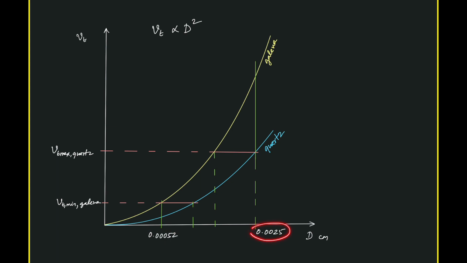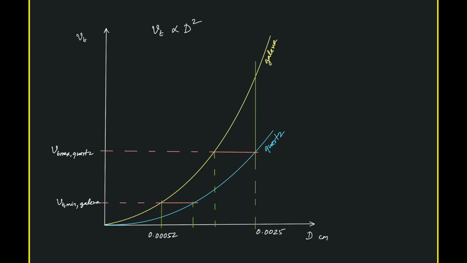We know these sizes, 0.00052 and 0.0025, the minimum and maximum size of the quartz galena feed we have. Simply for the maximum diameter, make a vertical line, and like that for the minimum diameter also make a vertical line. These vertical lines give these two important points.